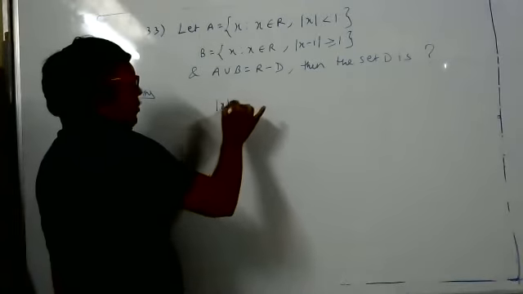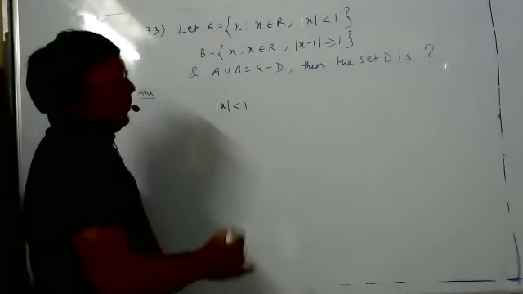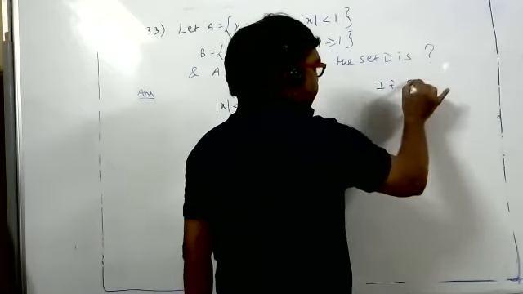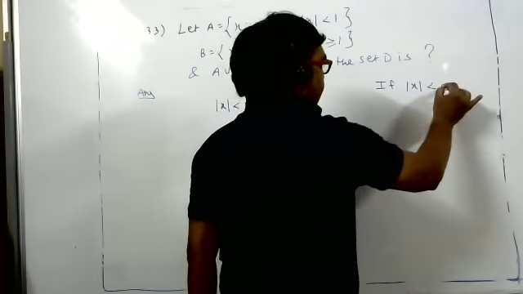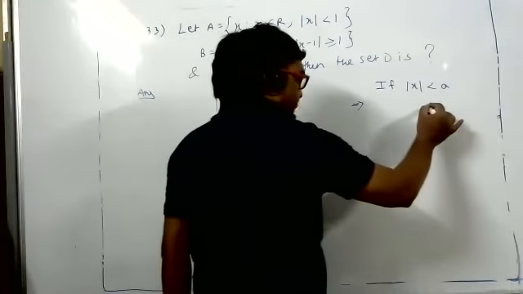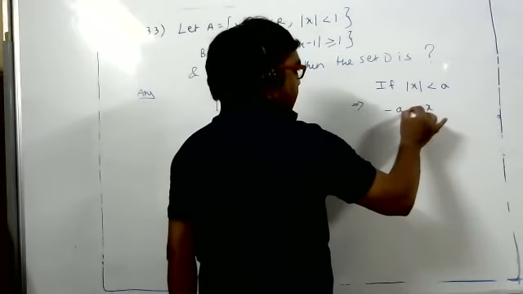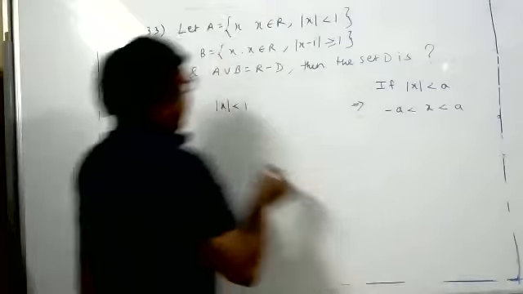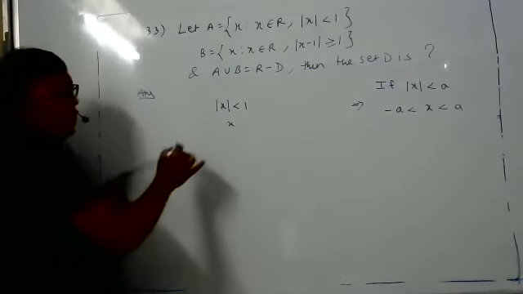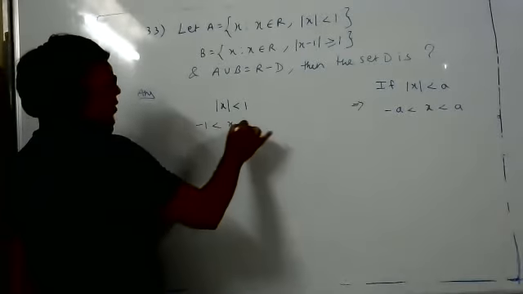So I gave you one result yesterday. The result I will write here. If mod X less than A, then you can conclude that the number X will be more than minus A and less than A. This result we will use. So here X will be more than minus 1 and less than 1.